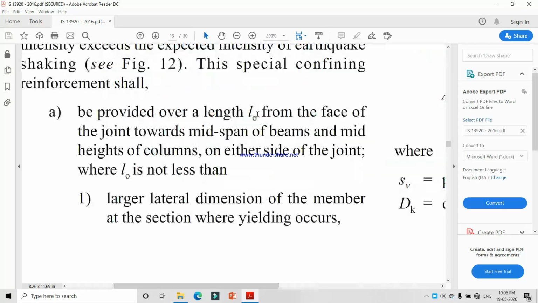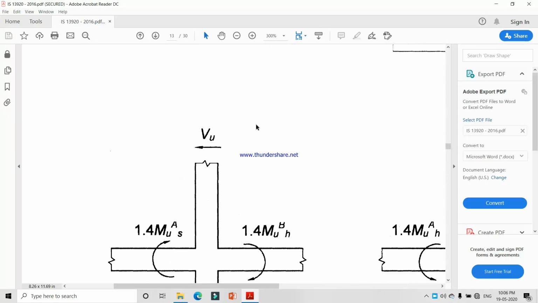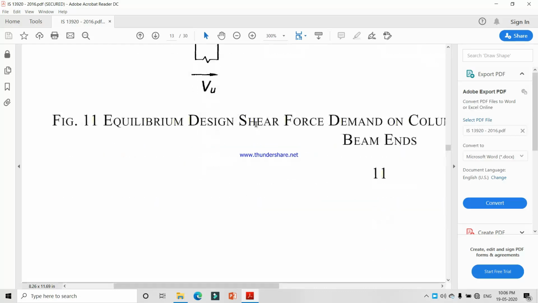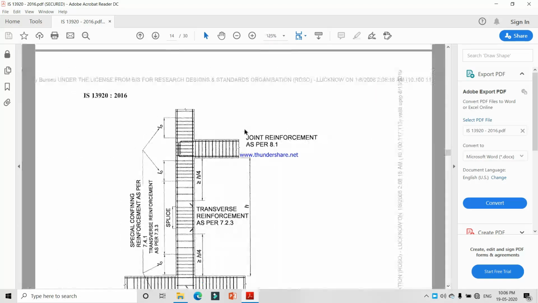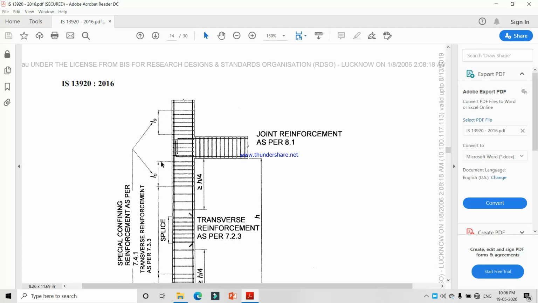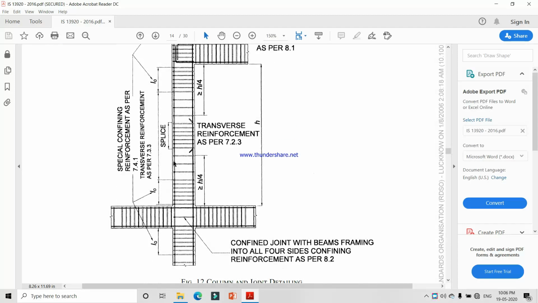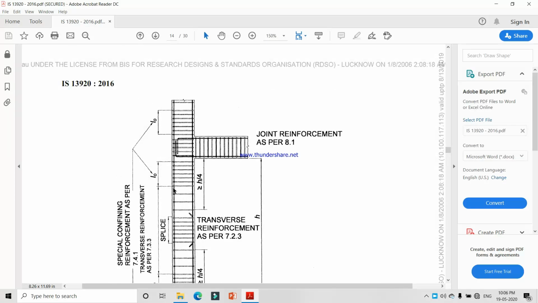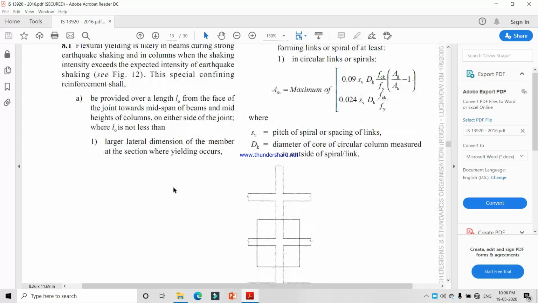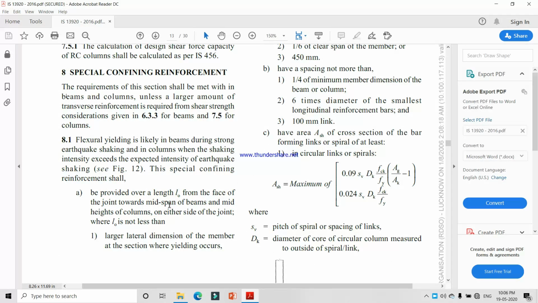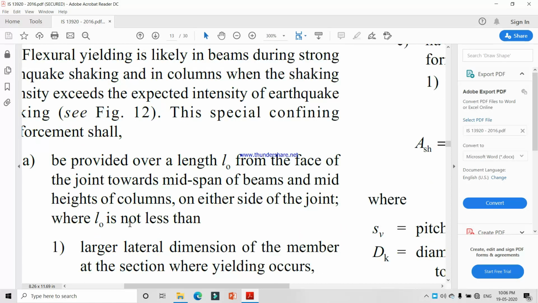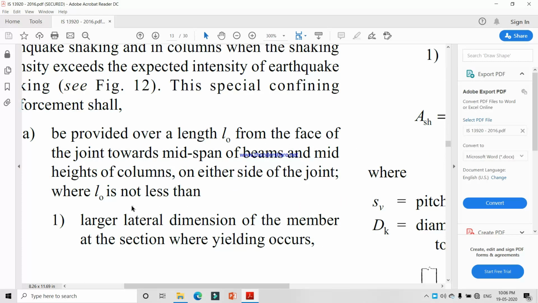This is the L0 length. I will show you. These are the L0 lengths from the face of the column, which is equal to or greater than the overlapping length.